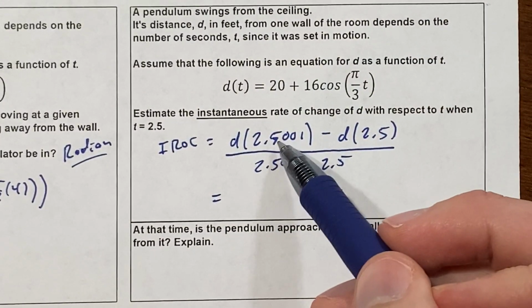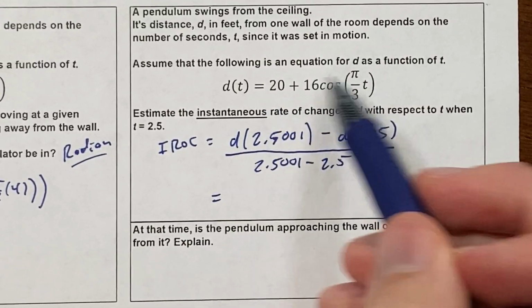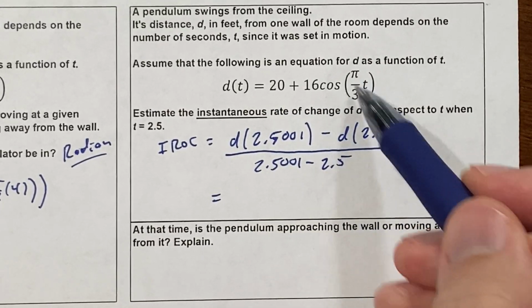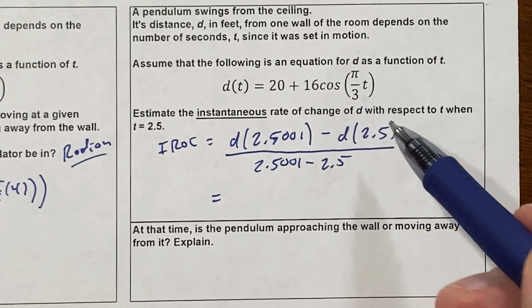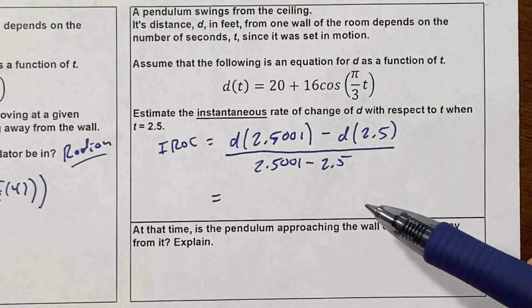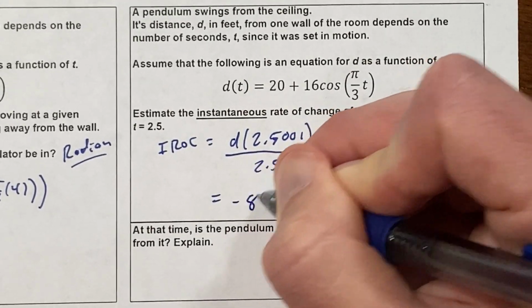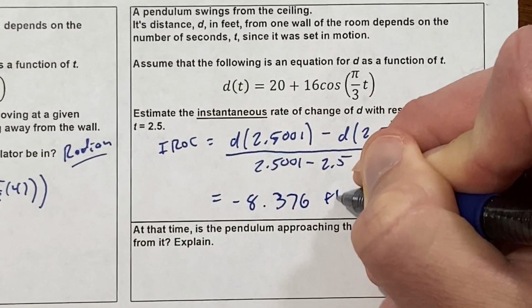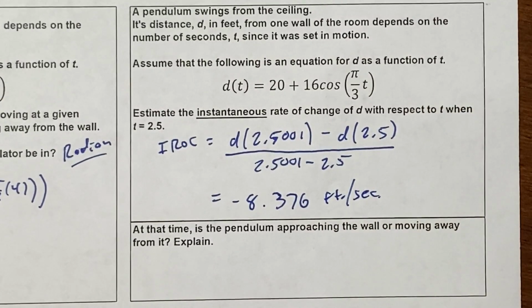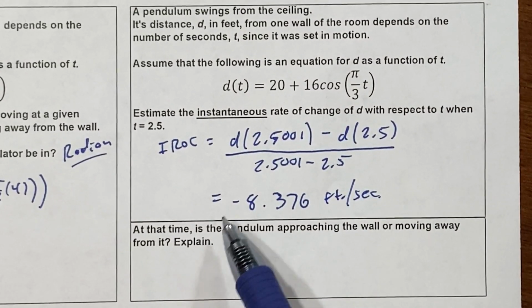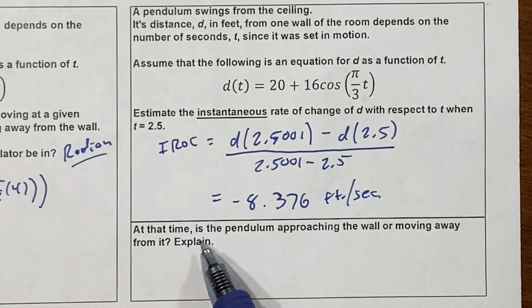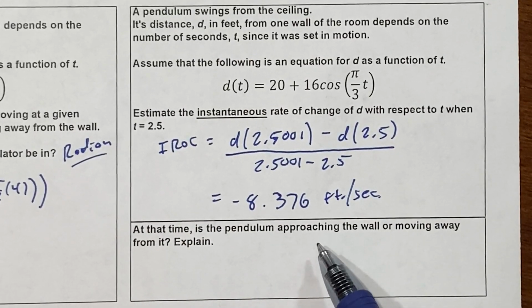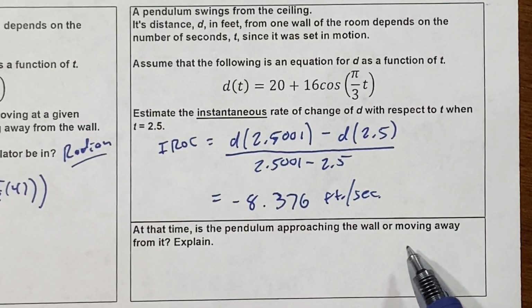So you'd have to punch 2.5001 into that function, get an answer, and then subtract. When you punch 2.5 in right there, get an answer. Divide by all this stuff, and you would get negative 8.376 feet per second. Okay, at that time, so we're still at 2.5 seconds, is the pendulum approaching the wall or moving away from it?